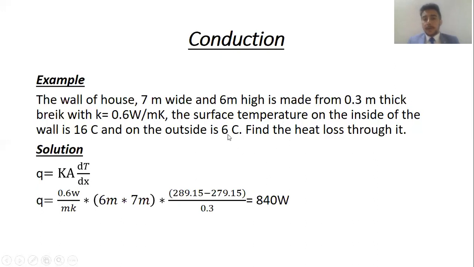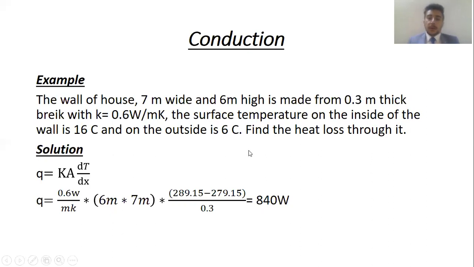And also we have the delta T, the temperature difference on both sides of the wall. Inside the wall, we have 16 Celsius, and outside the wall is 6 Celsius. Don't forget, be careful, dear student, you must change the Celsius unit into Kelvin in the law of conduction.